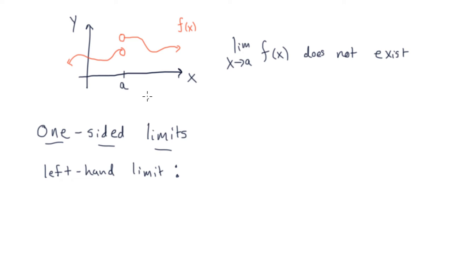looks something like this. Now, on the graph, the left-handed limit, the word left, is really referring to looking at x values to the left of a. And the notation looks like this.